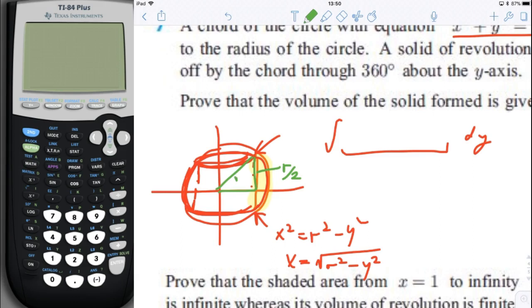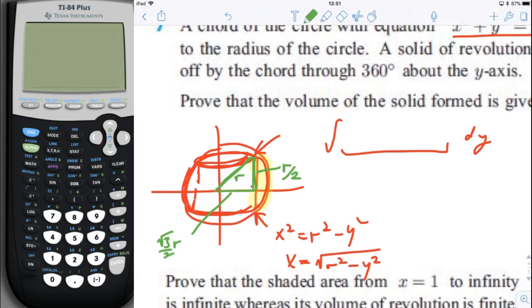And it turns out that this is also r because the distance from the center of the circle to the edge of the circle is r. And so I think what we formed here is a 30, 60, 90 triangle, right? Because if this is r and this is a half r, then it is a 30, 60, 90 triangle. And then we automatically know that this length here is going to be square root of 3 over 2r.